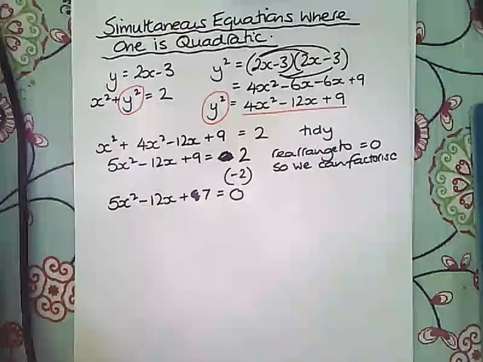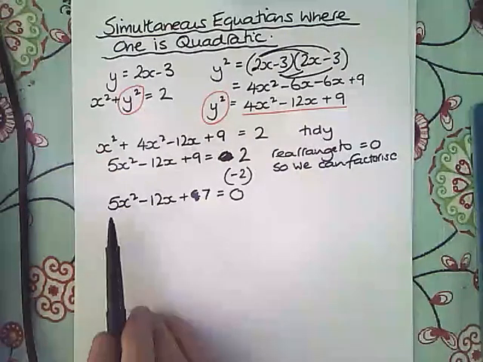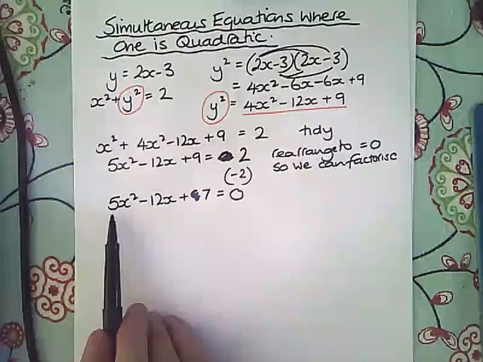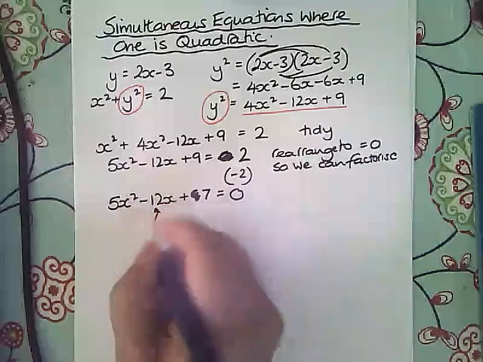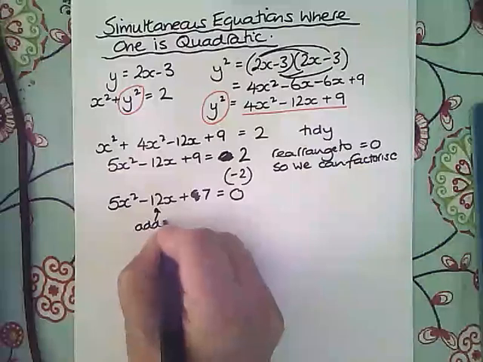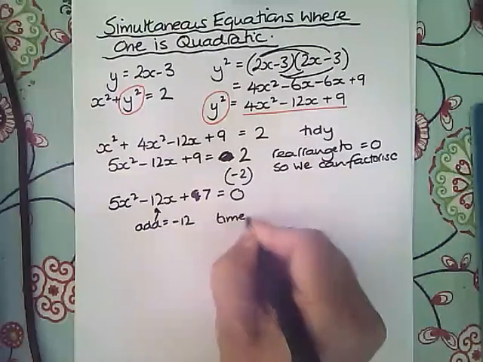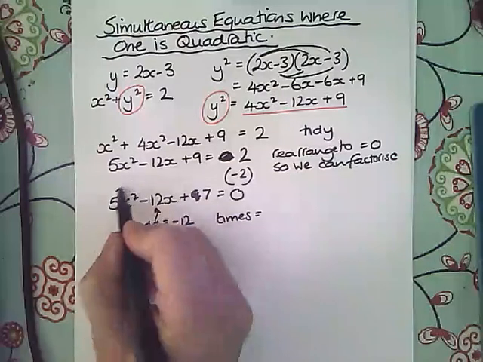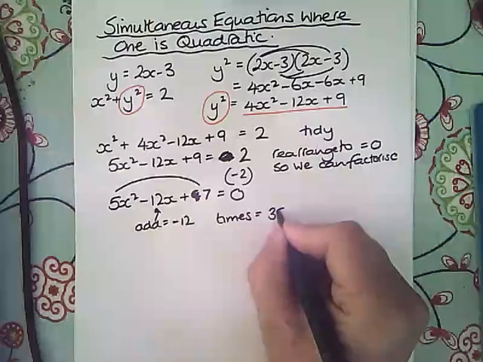Now we need to factorize, and we are factorizing a quadratic where the coefficient of x squared is greater than 1. So we are looking for two numbers that add together to give negative 12 and times together, remember, you have to times those two together, to give 35.